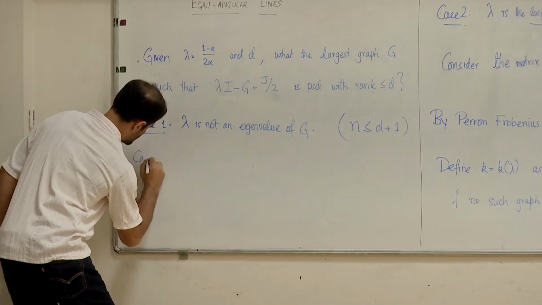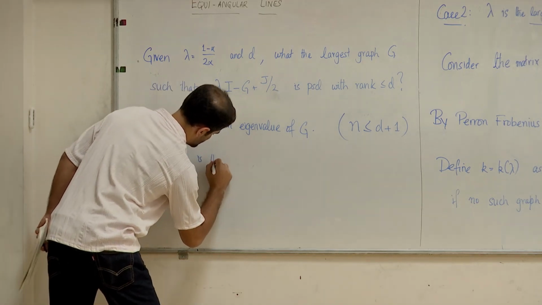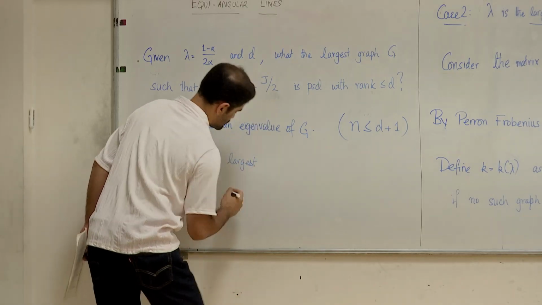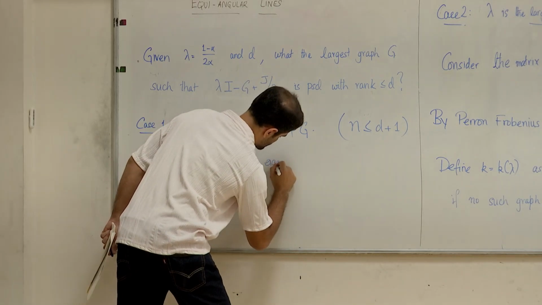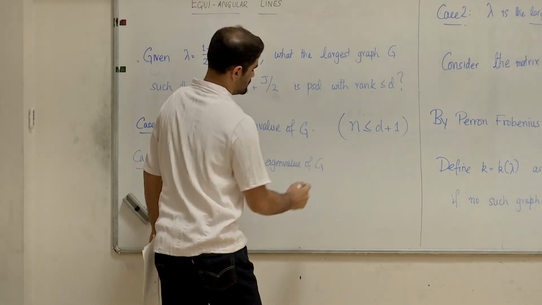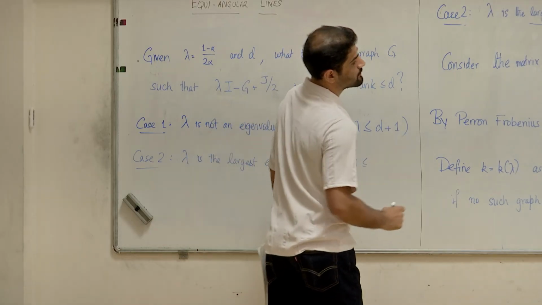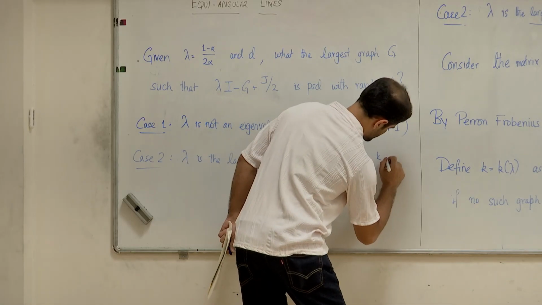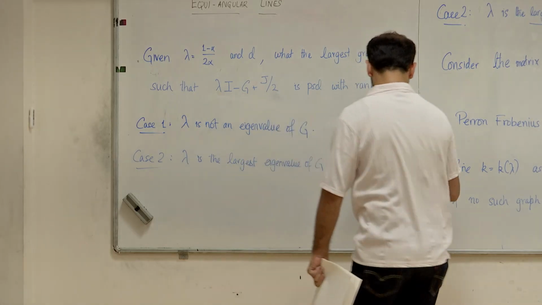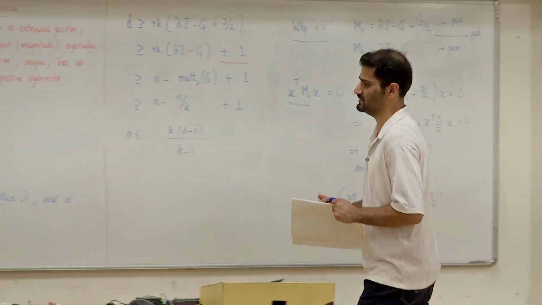Here G, and here n is less than or equal to k minus 1, where k is defined as the smallest graph that has that spectral radius.